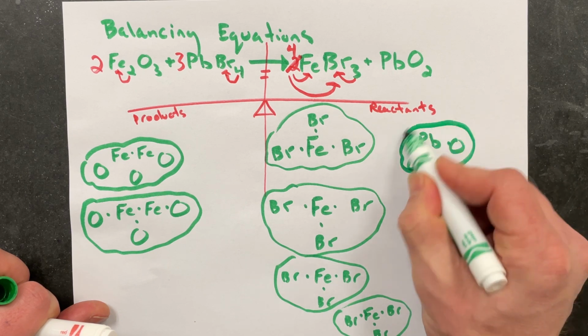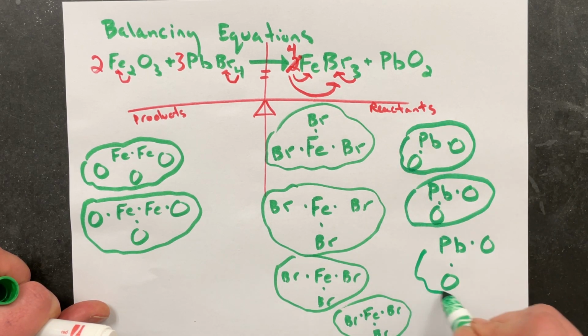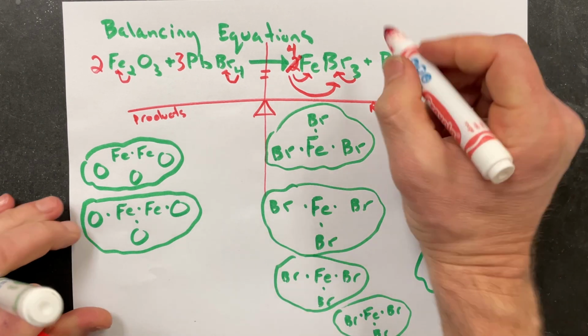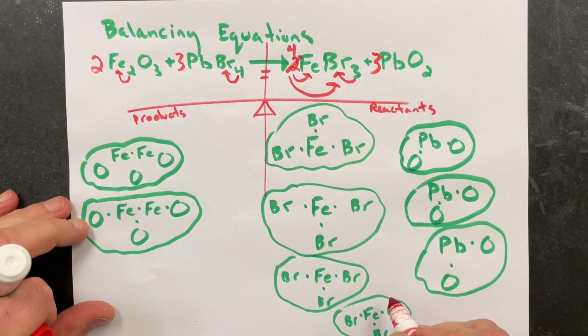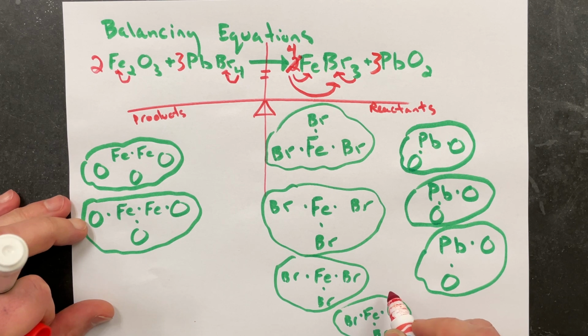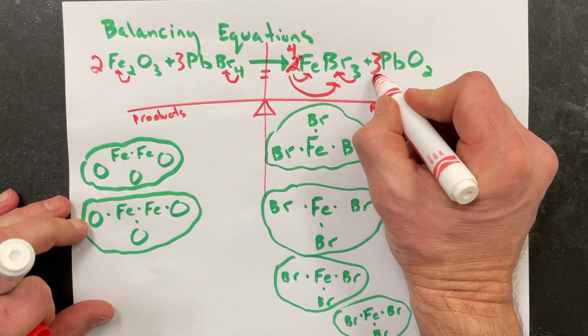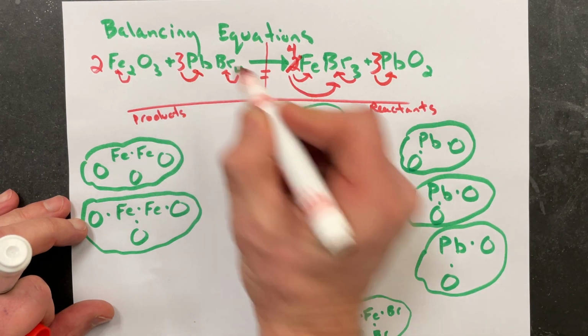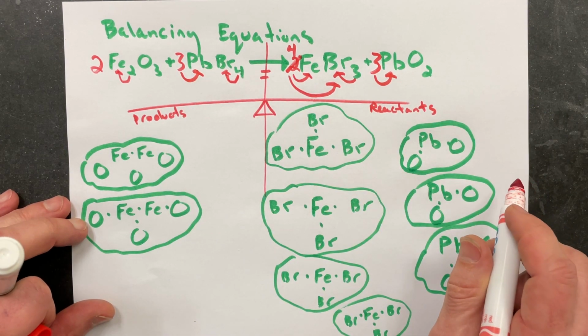I'm going to need 3 of those. Right there. So the way that I show that is by putting my coefficient of 3 right out front. And hopefully, the great thing with these is when the last one works out, I have 3 leads, and over here we can see I have 3 leads already.